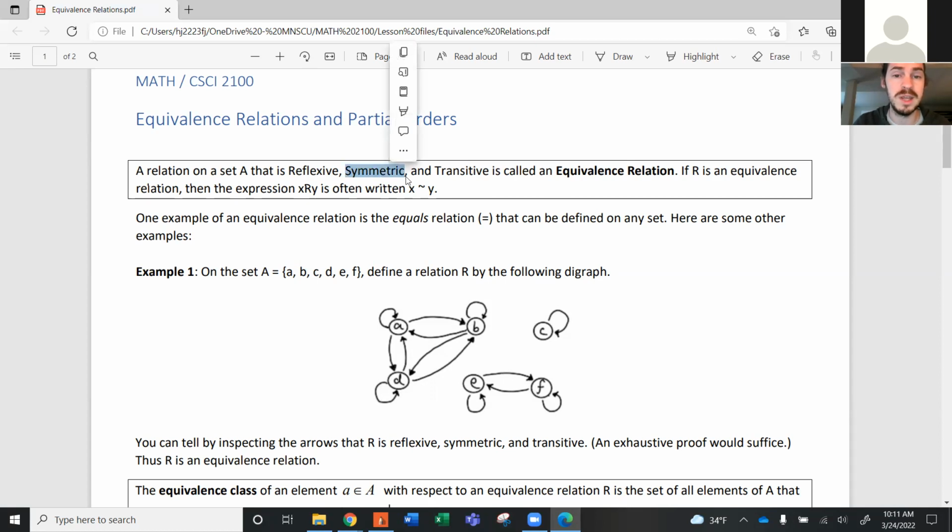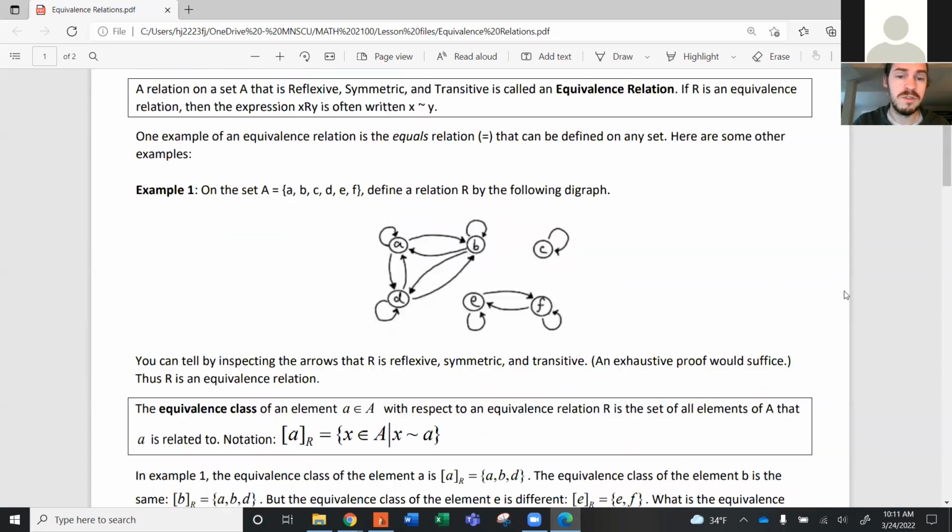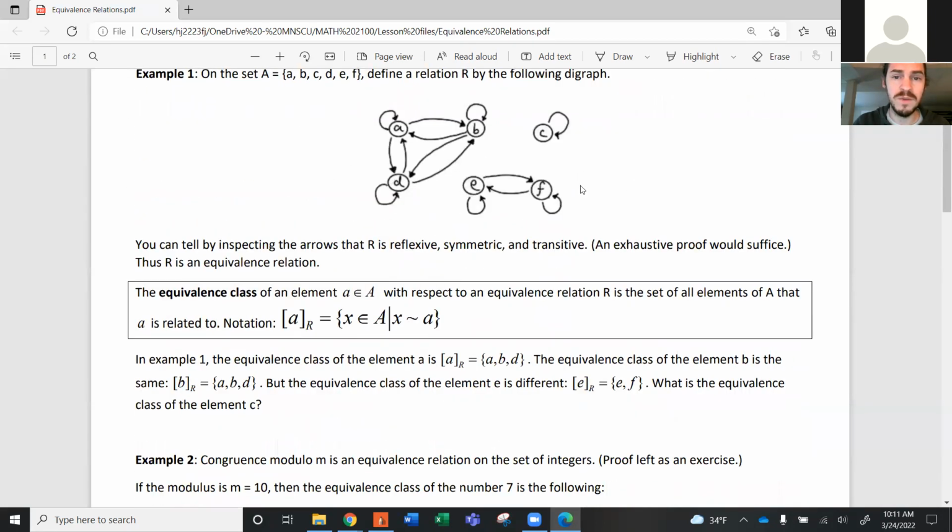And then the transitive property is exhibited over here in the triangle between A, B, and D. If you go from, for example, B to A and then A to D, you have to also be able to go from B to D. The fact that this triangle is a complete triangle makes it satisfy the transitive property. So that is an equivalence relation.